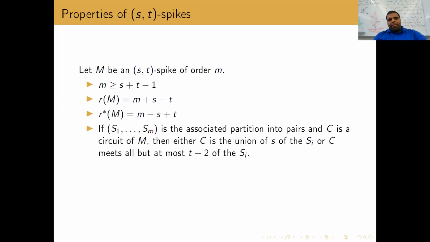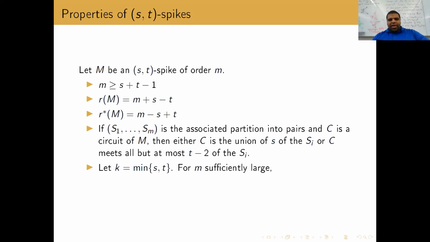These circuits meet all but at most T minus 2 of the SI. And again, for traditional spikes, T equals 2, so all but at most none of the SI. So with traditional spikes, the other circuits are transversals of the pairs. But here the other circuits do not necessarily have to meet all the pairs, but they're going to meet all but at most T minus 2 of those pairs.